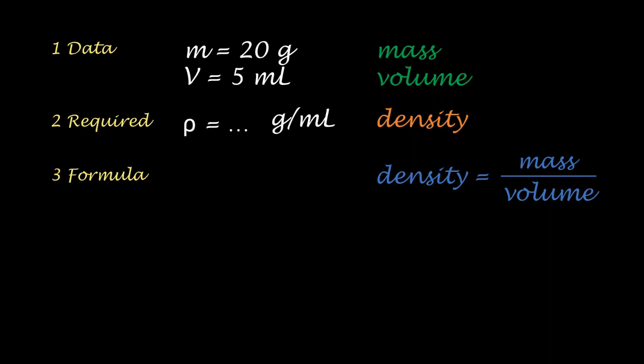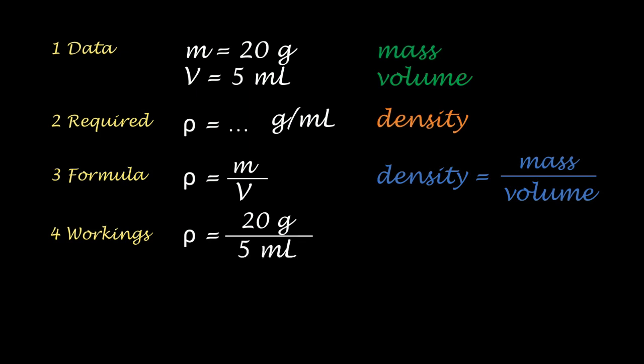Or in symbols, that would be rho is m over V. The next step is the workings. And here we're going to substitute the variables for their values. So we're still finding the density, so we start with rho equals, and instead of m, we will write 20 g, 20 g over 5 milliliters.